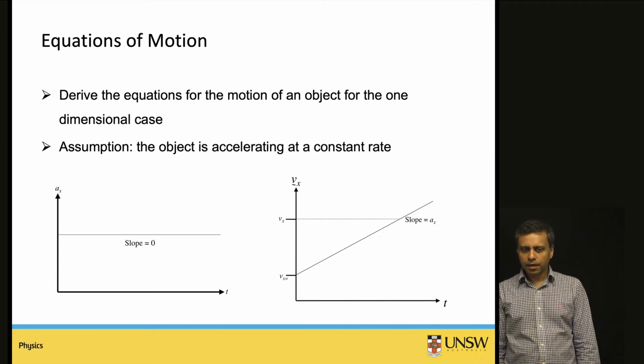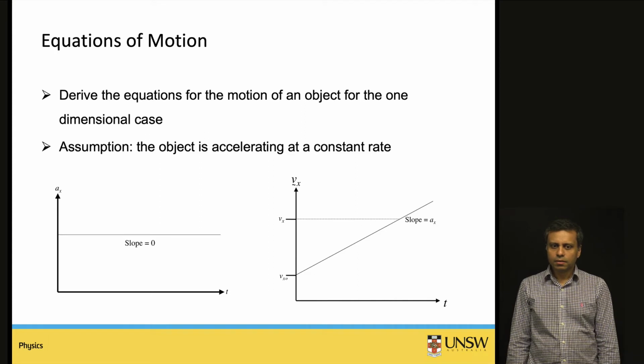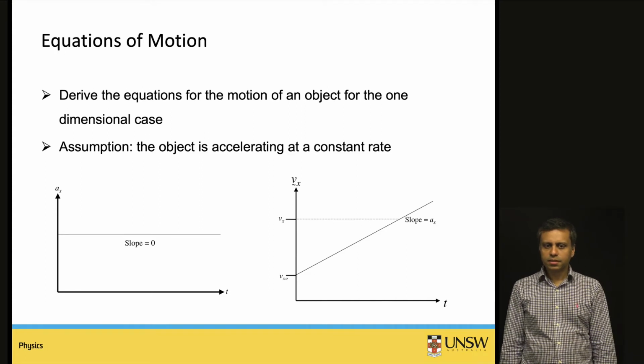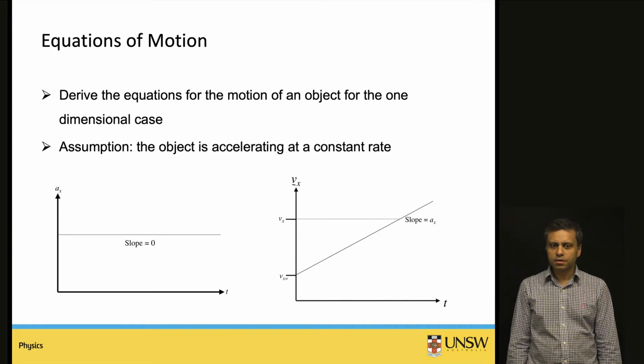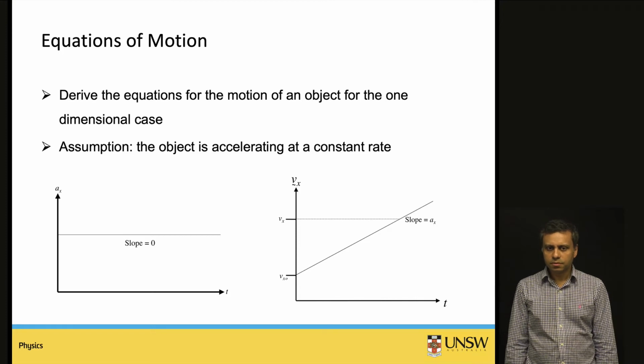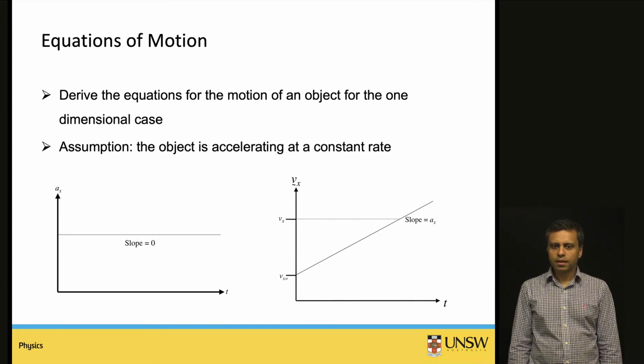And remember, we defined acceleration as the time rate of change of velocity. So the velocity is actually a linear curve, as you see here. If you plot velocity over time, it gives you a straight line.